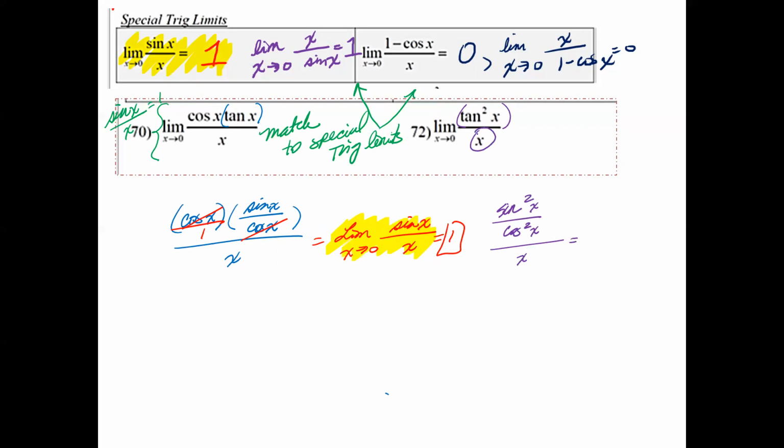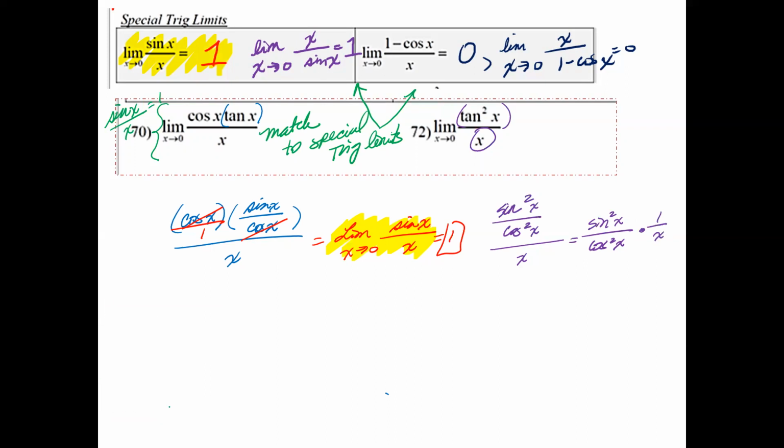Well, so far there's nothing really I can do except perhaps I can rewrite the division sign. So I have sine squared x over cosine squared x. Instead of putting another division bar, because it's a fraction with a fraction, I'm going to put times 1 over x.